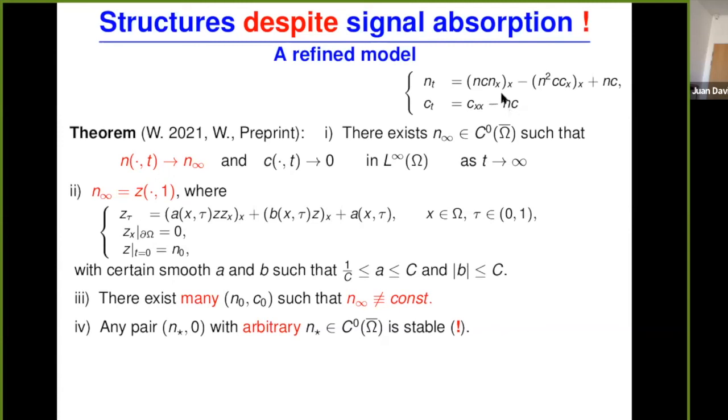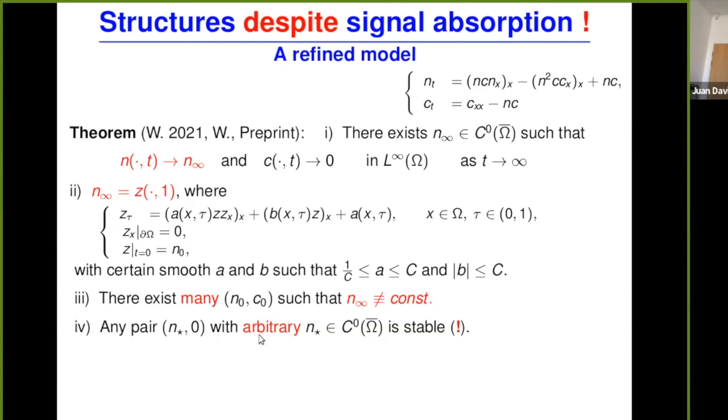And if you insert C equal to 0 into the first equation, you see a surprise. The first equation is satisfied automatically. So whatever n is, just formally of course, you have a steady state when you put 0 as C. So in part 4, it is written here that any pair n star, 0, with any function n star, is a steady state.